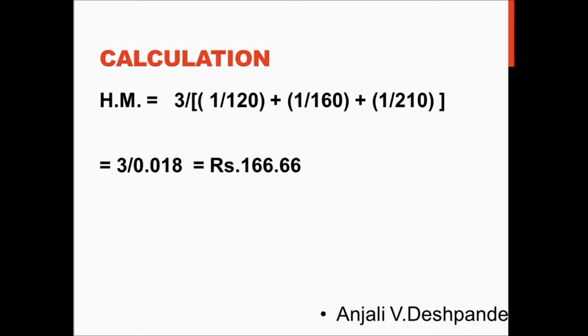So that means this is the average price paid by him for the shares after the 3 months. In this manner, because there is a time period involved and the shares are also differing in value, it is preferred that this calculation be done by making use of the harmonic mean.